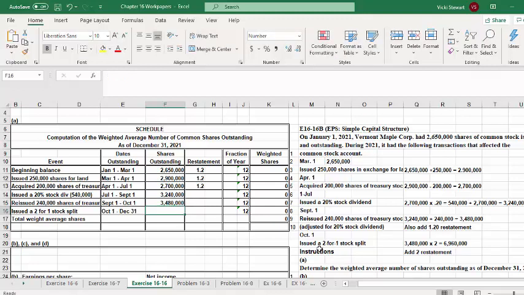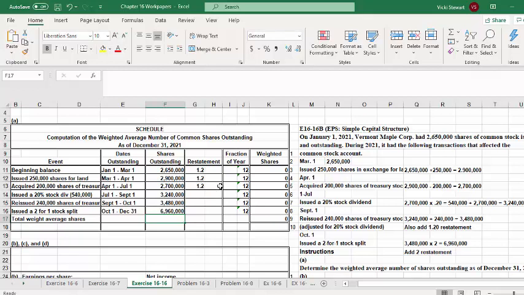Then it states on October 1st we issued a 2-for-1 stock split. So a 2-for-1 stock split is going to double the number of shares outstanding. So 3,480,000 times 2 is 6,960,000.